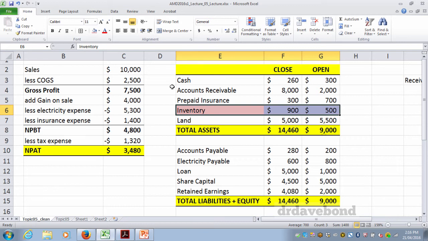But that's not telling you how much you paid for it. How do you work out what account do we need to look at in relation to payments? Yeah, so if we're looking for where this turns up in the payment section, we would look at the balance for account payable. And that balance has gone from 200 to 280.